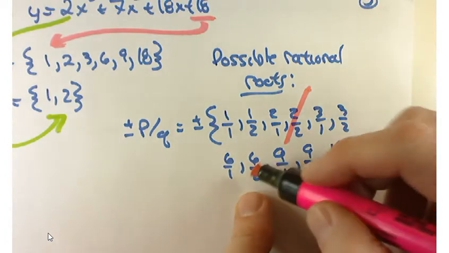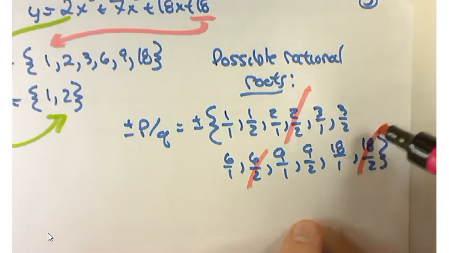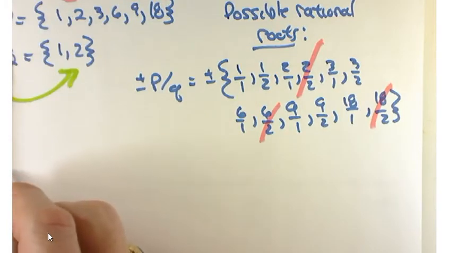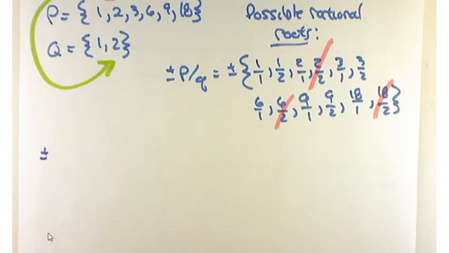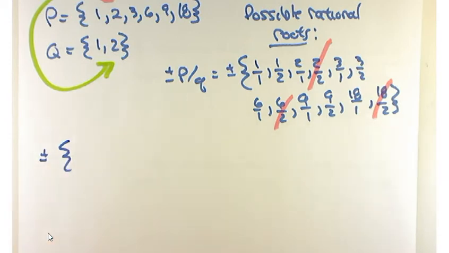I can also get rid of 6 over 2 and 18 over 2. A lot of these are redundant, so we don't have to list the redundancies. It does help me if you list what are the possibilities that are left. Bonus points if you list them in ascending order.